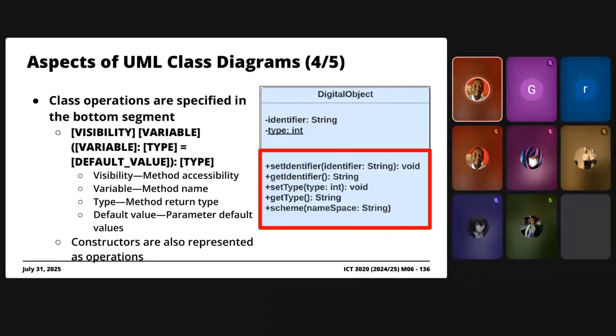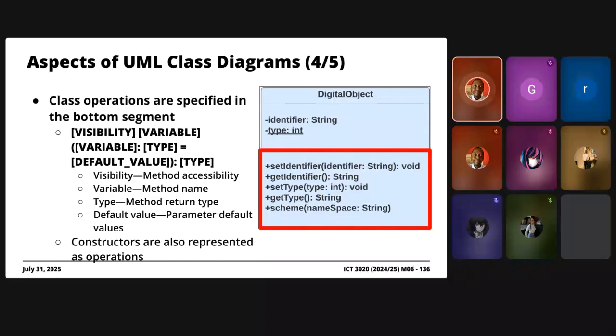There's a difference. What's the difference between arguments and parameters? Oh, we'll find out later on, right? So you specify in parentheses the range of arguments associated with that method.